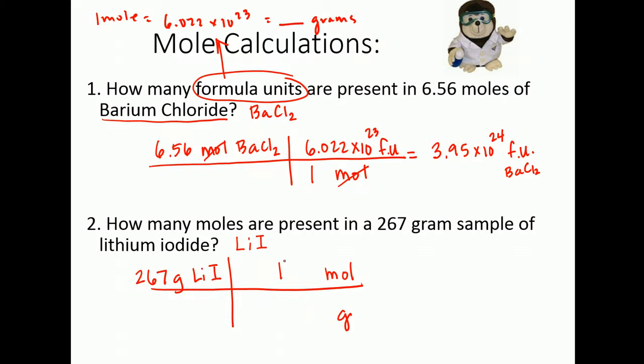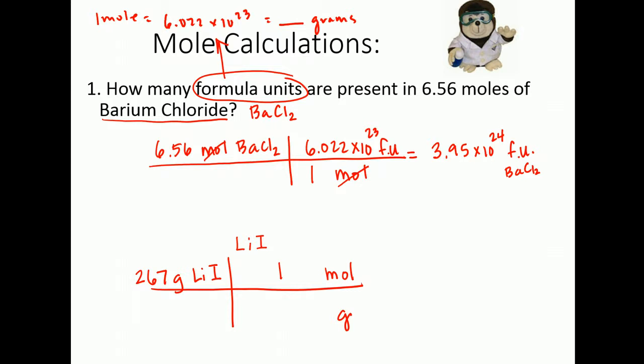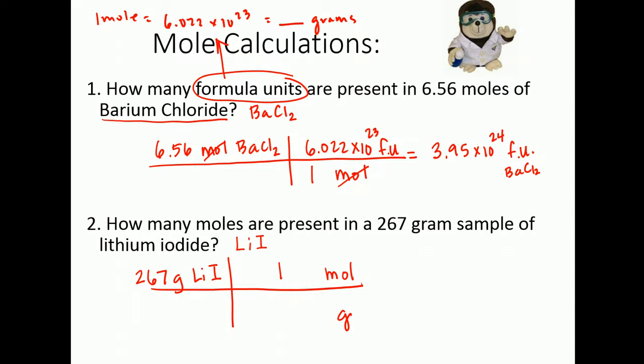The grams number is determined from the molar mass on the periodic table. So grab your periodic table and add up the masses for lithium and iodine. Oops, I don't know why that disappeared. And when I add up this molar mass, I've got a slightly different version of the periodic table at home with me here.